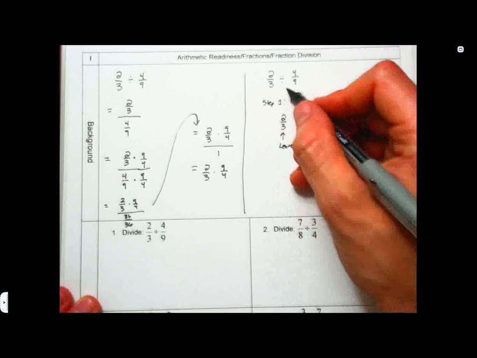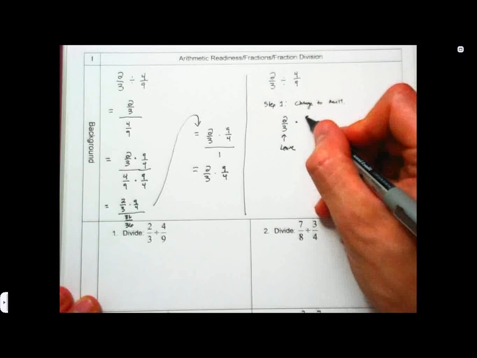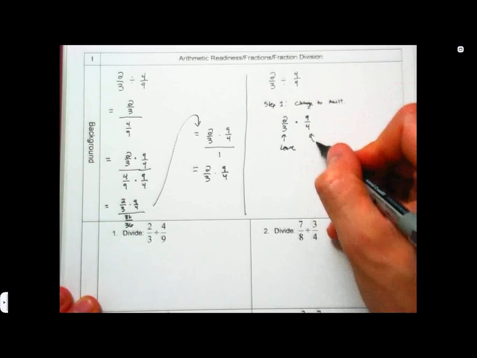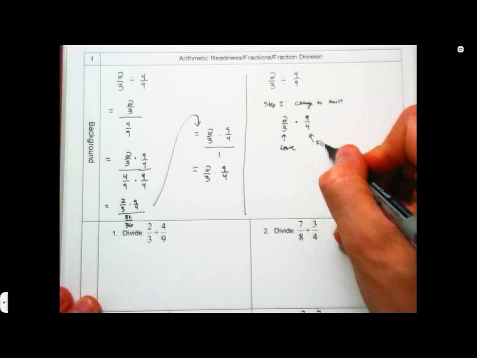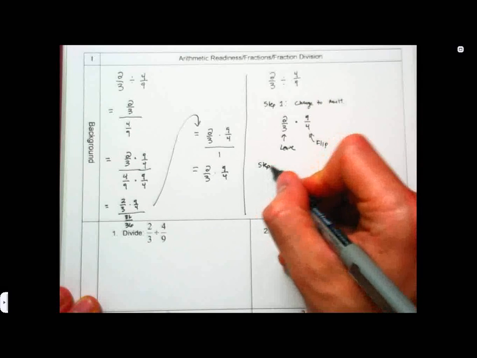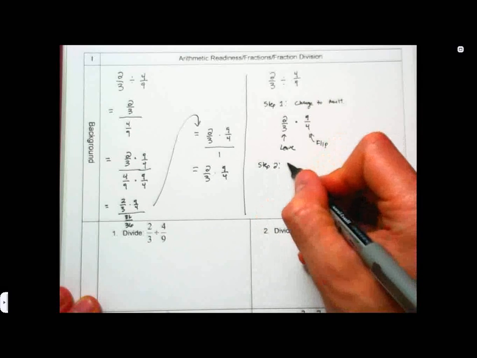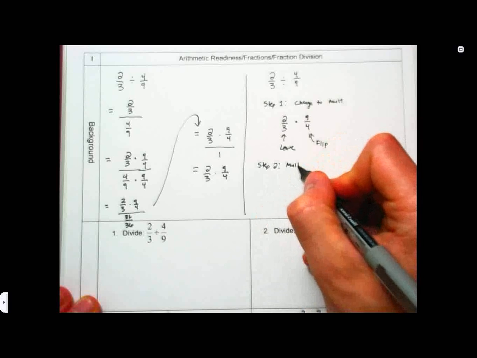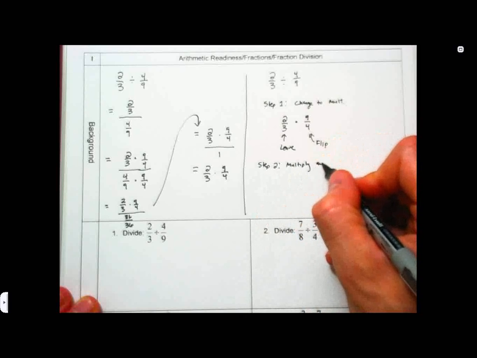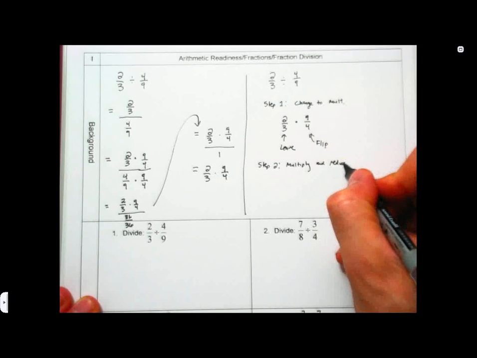The division becomes multiplication, and then this second guy flips over. And then step 2 in the process is just to multiply the fractions that are left, and then reduce your answer.